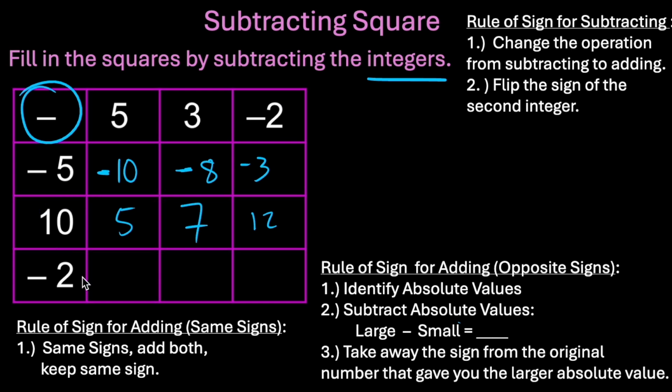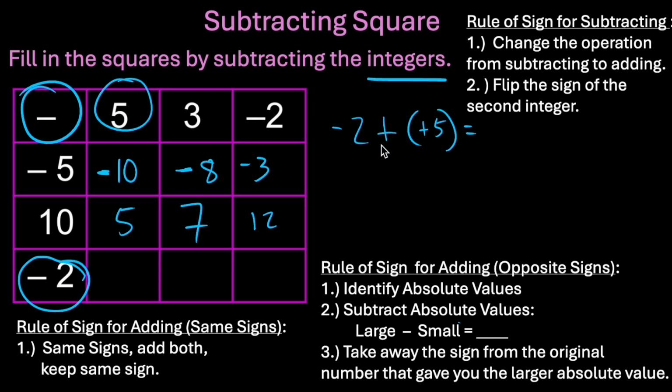The last row, negative 2 minus 5, or positive 5. Negative 2 plus positive 5 equals, oops, we're subtracting. My mistake. Negative 2 minus positive 5. We need to change that like this.